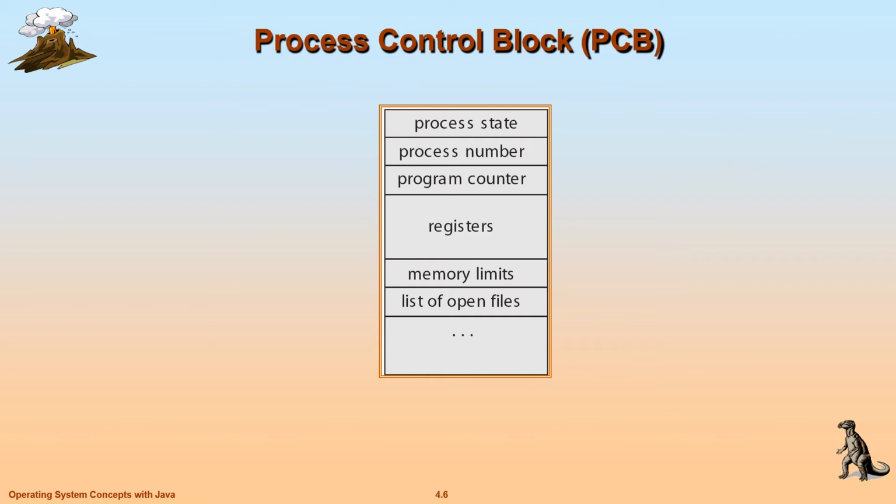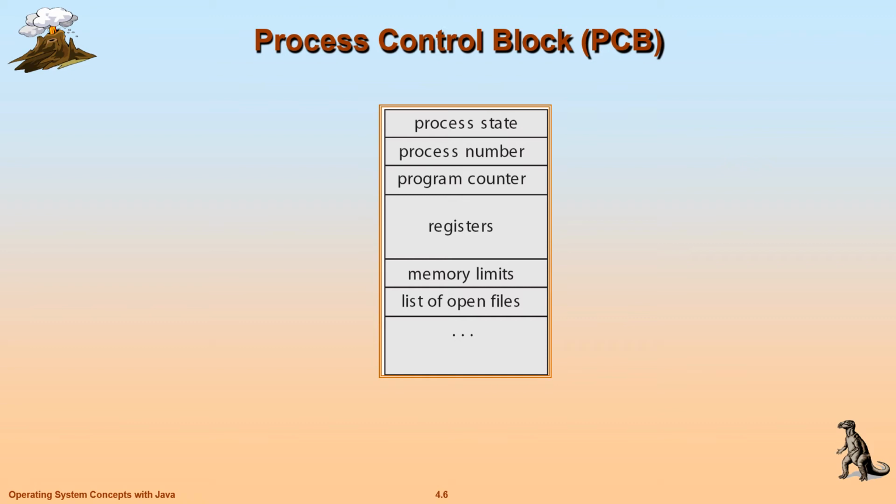The base register gives from which part of main memory this particular process has to be executed. The limit register gives the length from the base register, how many bytes of code has to be executed.